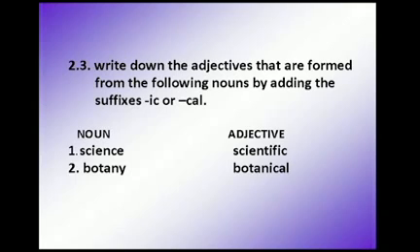Similarly, botanical is the adjective form of the noun form botany. When the suffixes -ic and -cal are added to the end of the noun forms science and botany, you will get the adjective forms scientific and botanical.